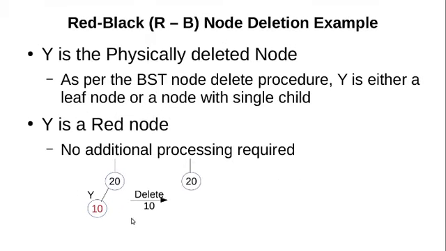Consider the example tree on the left in which the deletion of node 10 is intended. Node 10 is a red node and it is a leaf. We just delete it. Deletion of a red node does not introduce any red-black property violations in the subtree, so no additional processing is required.